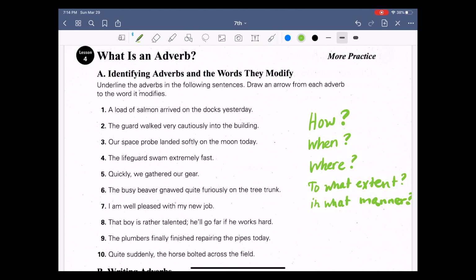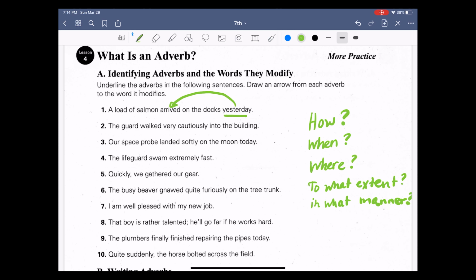Number 1, a load of salmon arrived on the docks yesterday. So here we just simply want to find out what's happening. Load arrived. When did the load arrive? Yesterday. So we underline the adverb, then draw an arrow to the word it modifies. It's telling us when the salmon arrived. Number 2, the guard walked very cautiously into the building.